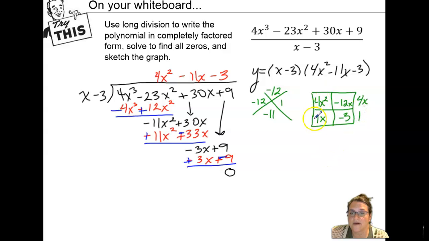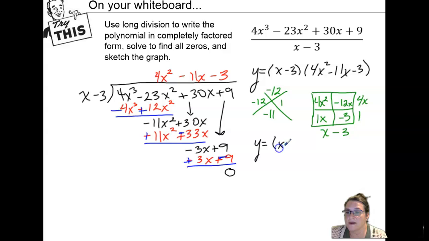Up and down the first column, 4x squared and x have a GCF of x. And then the second column, negative 12x and negative 3, they're both negative, so I can pull out a negative, and then their greatest common factor is 3. The outside of the box then shows me how that quadratic trinomial factors as 4x plus 1 and x minus 3. So I can factor this further.